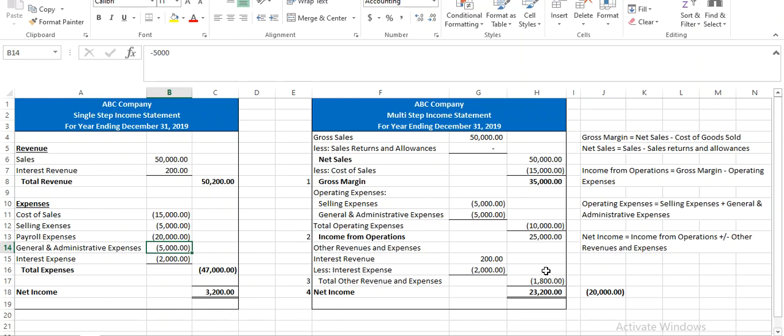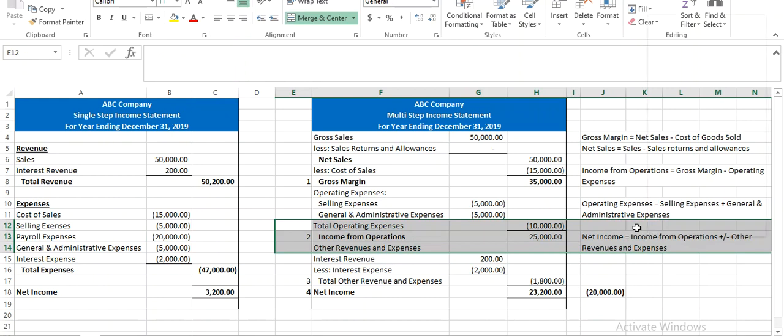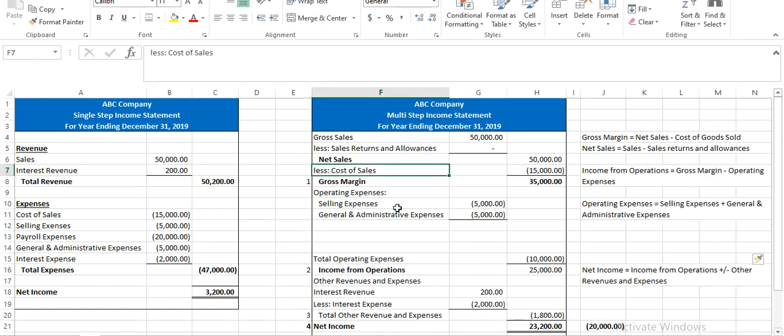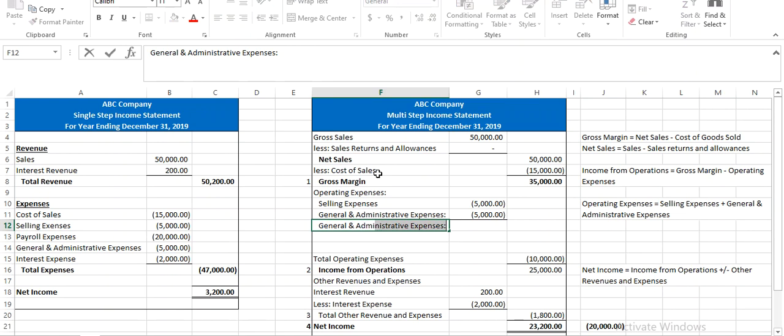And so in this instance, there are two ways that you can record something like this. What you can do is you can either add this $5,000 plus the $20,000 by separating it. And when I say separating it, I mean this. Let's insert. Shift cells down. And we can have a category that says general and administrative expenses.